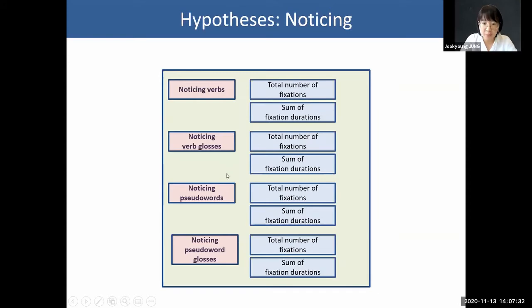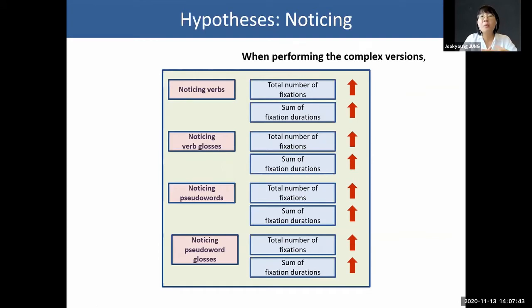And for each of these four categories, there were two eye movement indices, that is the number of fixations and the duration of fixations. And as you can expect, when they were performing the more complex version, we expected greater values for all these eye movement indices. And let's see the results.